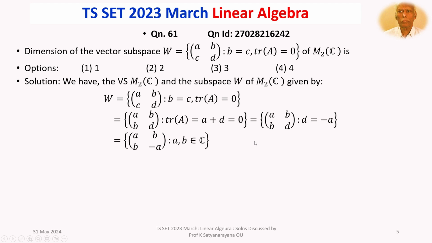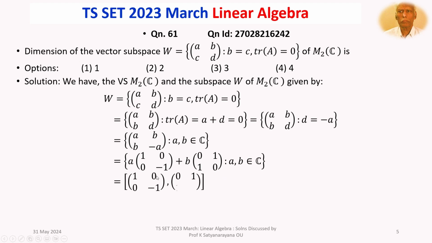Agreed. This can be written as a linear combination of A times [1, 0; 0, minus 1] plus B times [0, 1; 1, 0], where A, B belong to C. This is the linear span of these two matrices [1, 0; 0, minus 1] and [0, 1; 1, 0], and they are linearly independent.